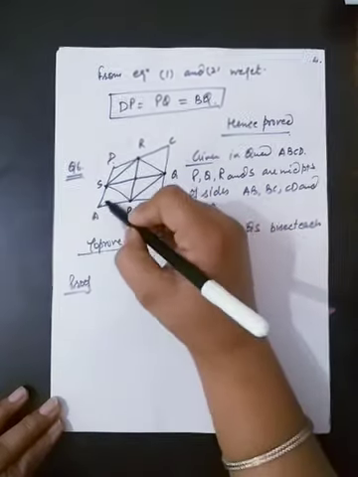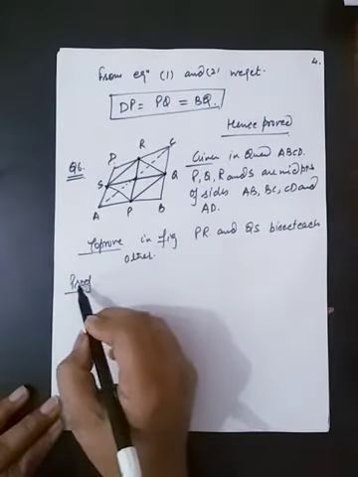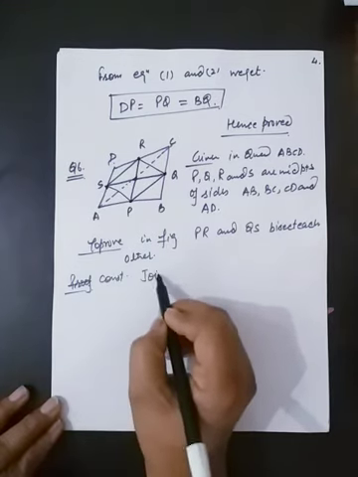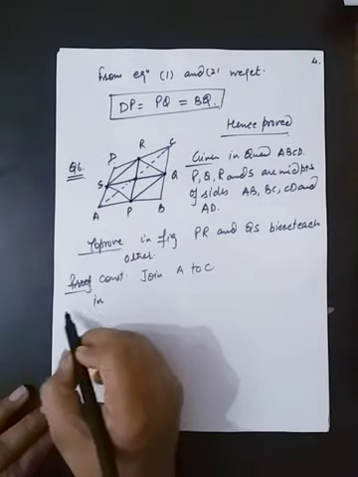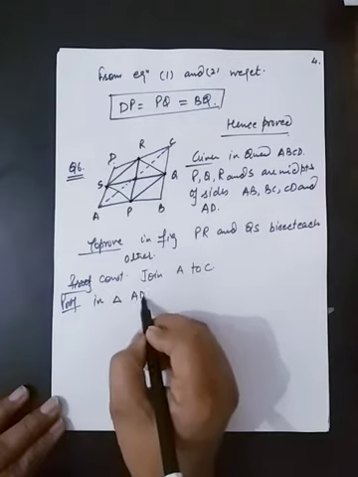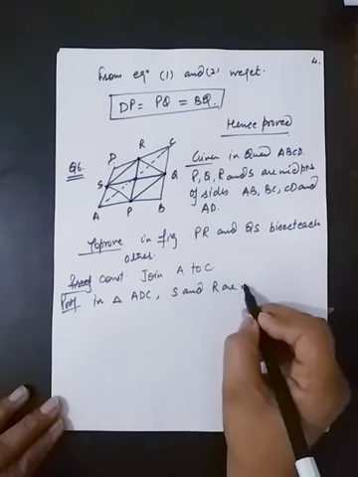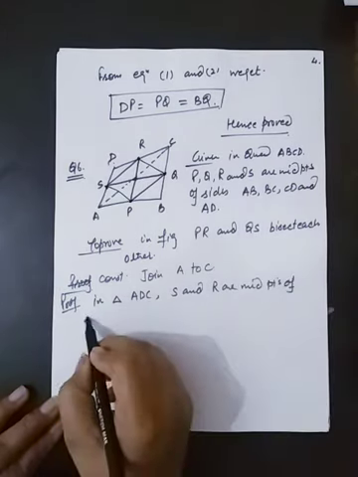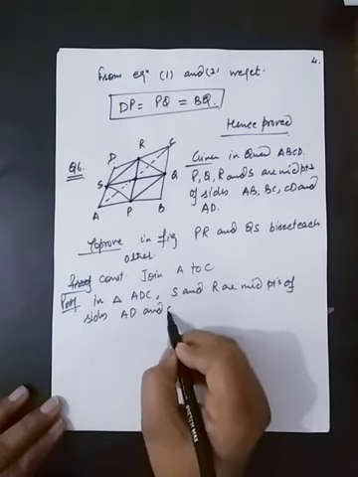Here we will join A to C. So construction, join A to C. Proof. In triangle ADC, S and R are midpoints of sides AD and CD.